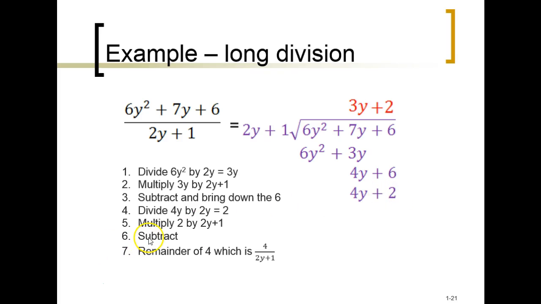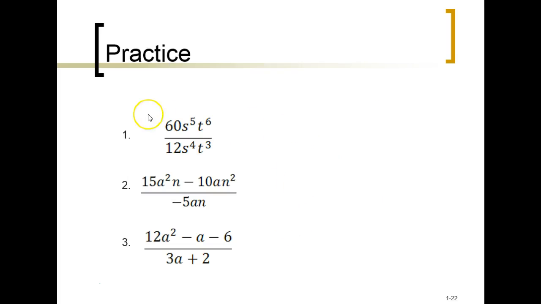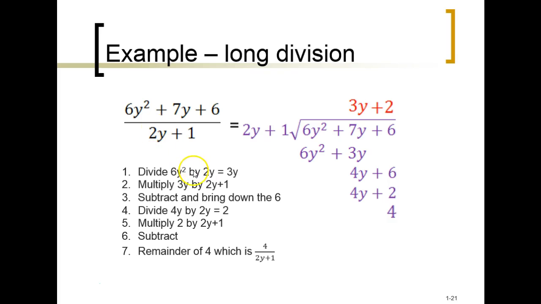And the next step is subtract. 4y minus 4y is 0, and 6 minus 2 is 4. And that's the remainder, because there's nothing else to bring down and continue. And that actually means that the remainder is 4 over whatever the divisor is, 4 over 2y plus 1. Oh, back that up a second, sorry.